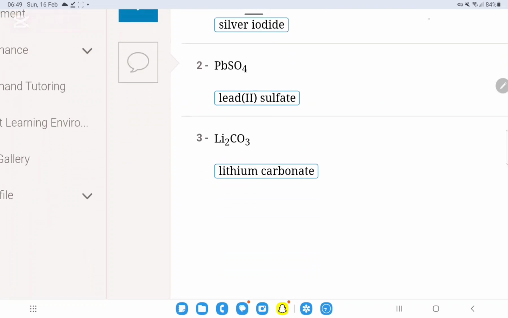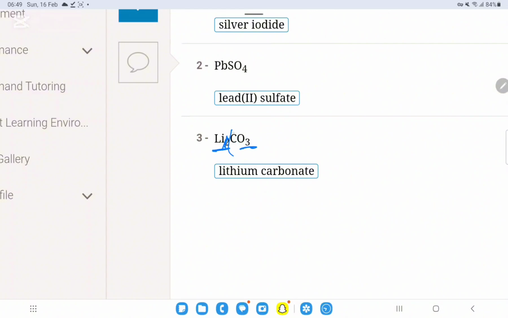And 3, Li2CO3. Now, this one has subscripts. But when we're naming ionic compounds, we don't say dioxide or di something or tri something. We don't put prefixes. So just act like the 2 doesn't exist.